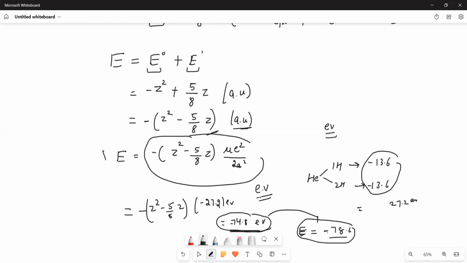We applied a theoretical method to find the energy, which is very close to the actual energy of the helium atom. That's why these methods are known as approximate methods, because they give an approximation of the energy value to the true value. These methods do not give the exact value. I hope this topic is clear.